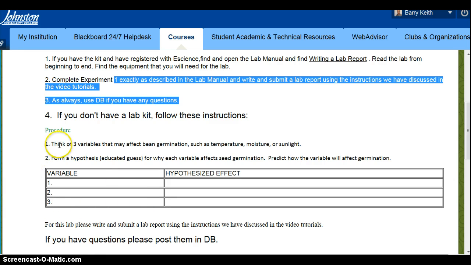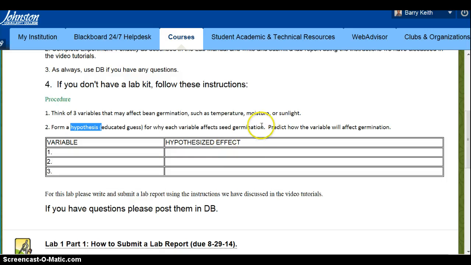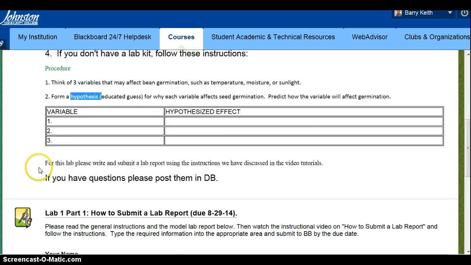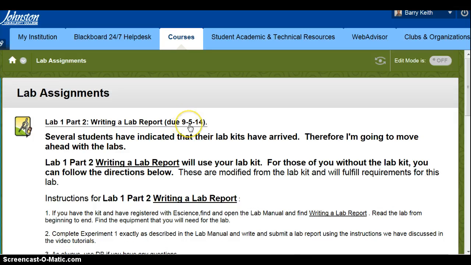See if you can come up with some different variables and develop a hypothesis, an educated guess, and you can read about this in your lab or in your textbook. What is a hypothesis? Predict how the variable will affect germination. So you really don't need seeds to do this. I want you to complete this lab in writing by the end of next week. Shortly thereafter, the lab will become unavailable.